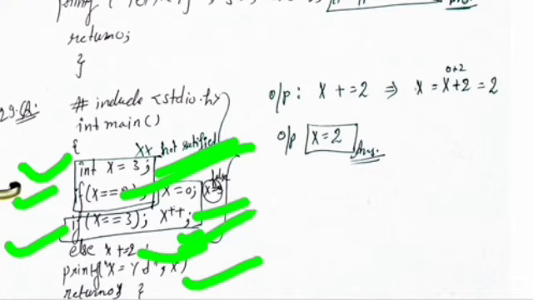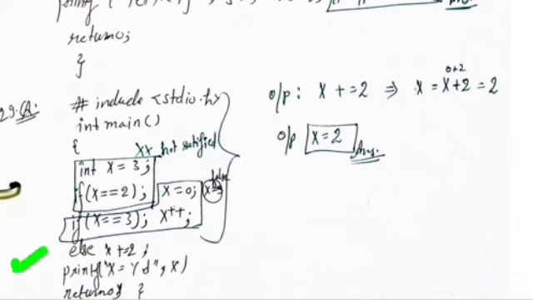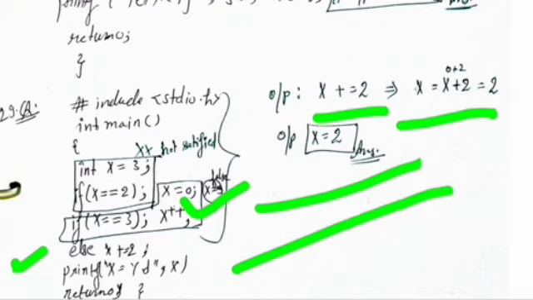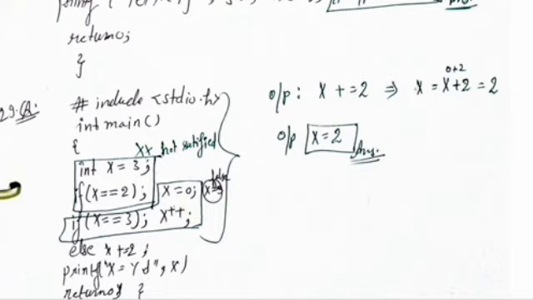Now we directly come to the else condition. Here we compute x equal to x plus 2, and we know that the value of x is initialized as 0. So the output of the program is 2 and the value of x is 2.